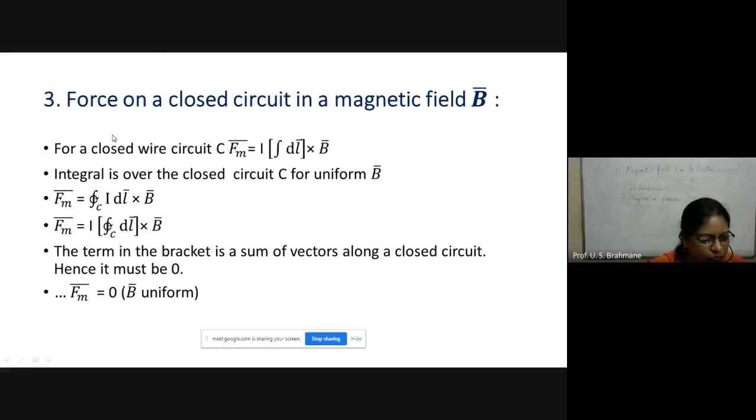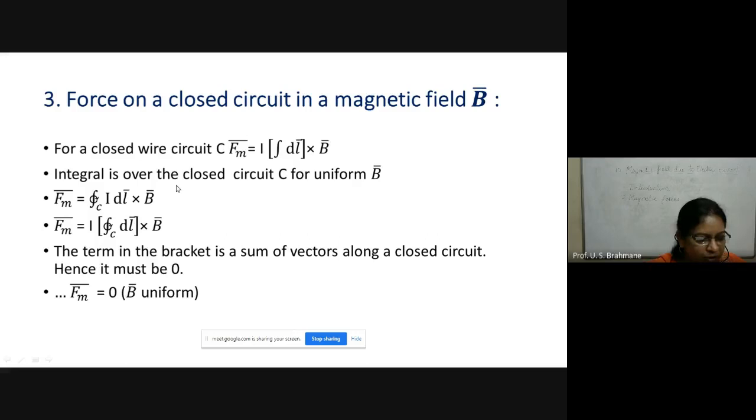Now we'll see the third point, that is the force on a closed circuit in a magnetic field B. For a closed wire circuit C, we have seen earlier that Fm vector equal to I integration dl into B vector. The integral is over the closed circuit C for uniform B vector.